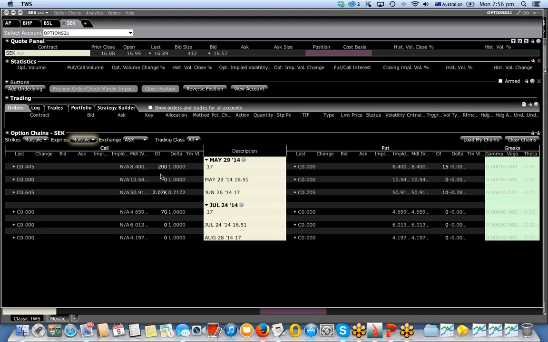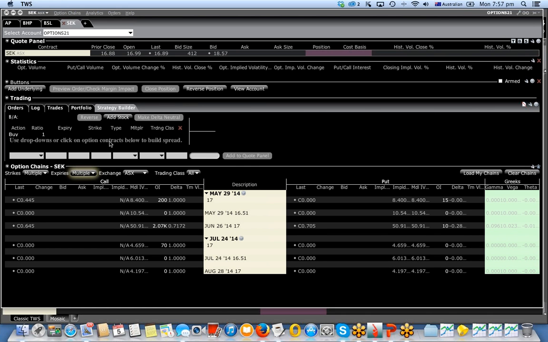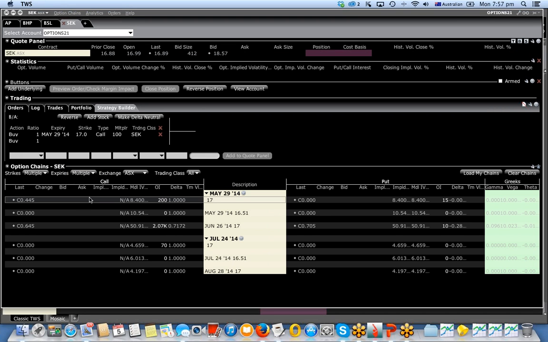And then you can use the strategy builder. You see there is a strategy builder tab, you click on it. And then, okay, say we would like to buy the May 17 call and the May 17 put. So we're buying two contracts, and this is a straddle.